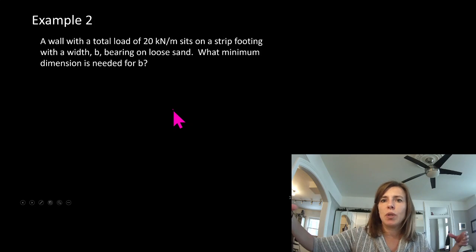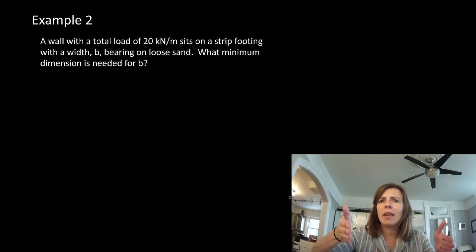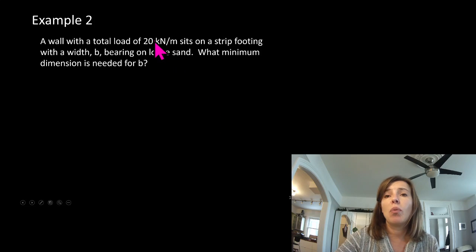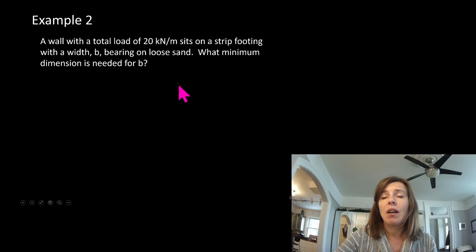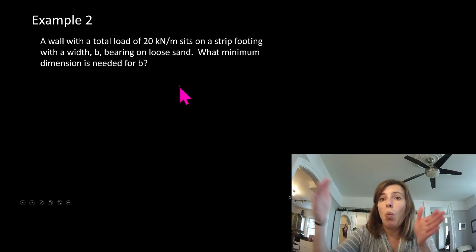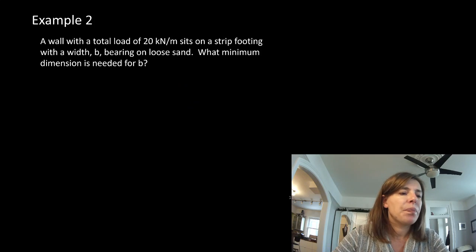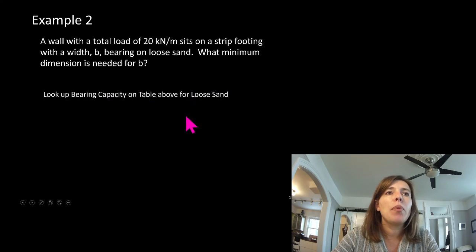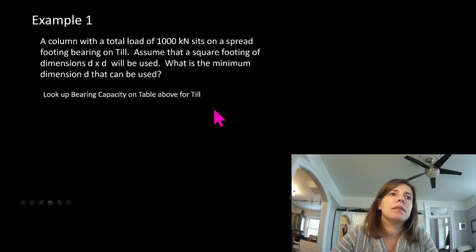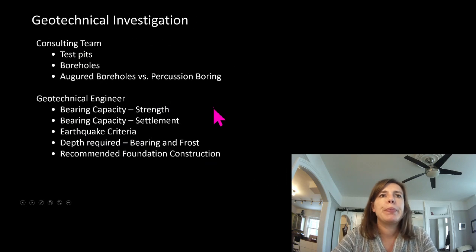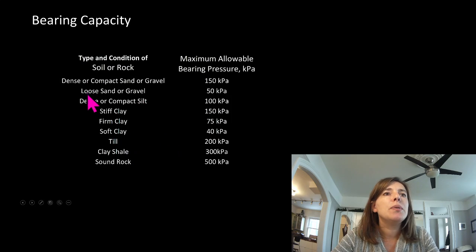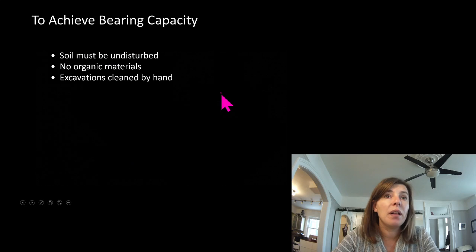We know it's a continuous wall, but let's look at a 1 meter increment of it. So we've got 20 kilonewtons on B times 1 meter of wall. We want to look up the capacity for loose sand. Loose sand or gravel, 50 kPa, so it's really crappy soil.